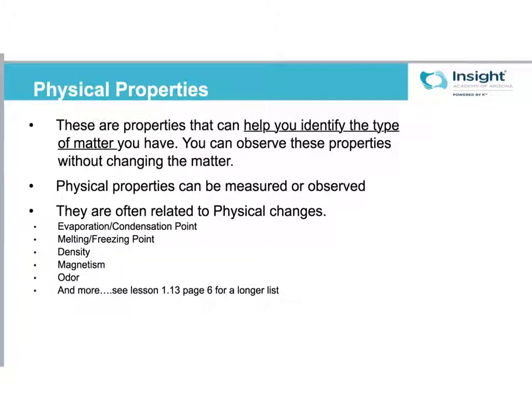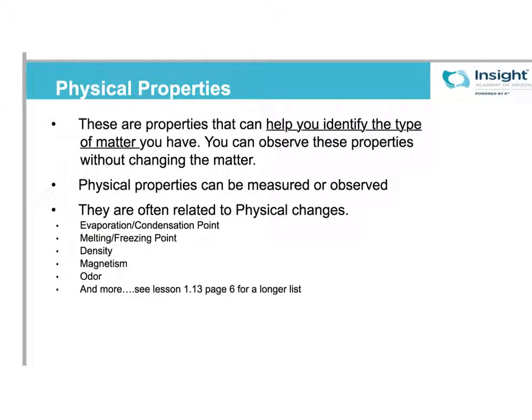So physical properties are just things you can measure and observe about the substance sitting right in front of you. There's a whole longer list, but the important ones are on the slide.